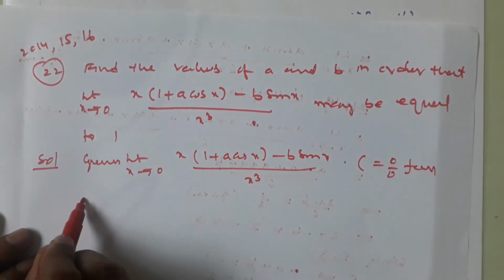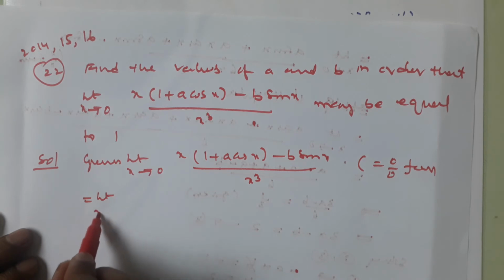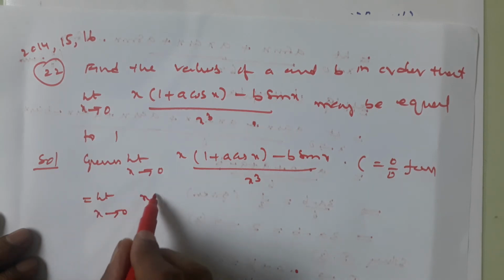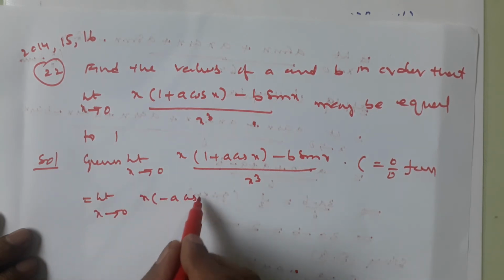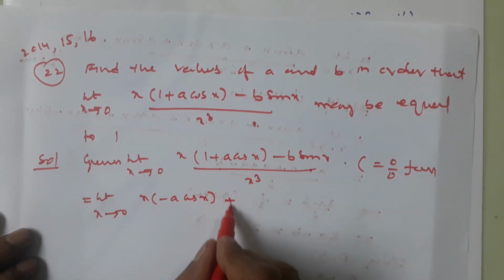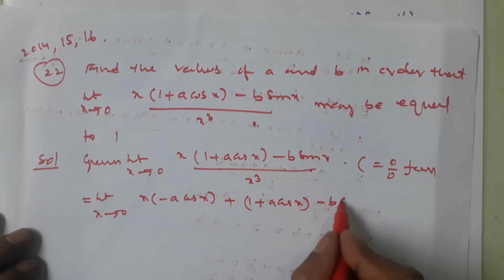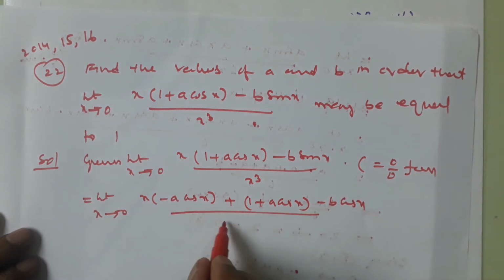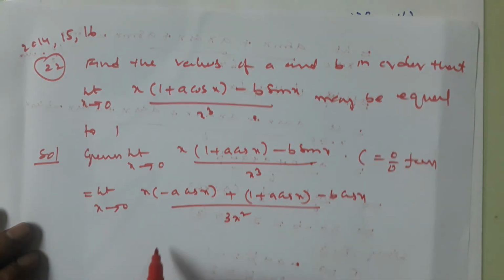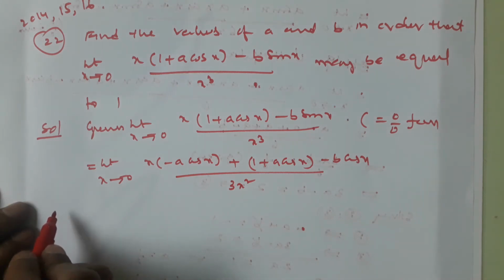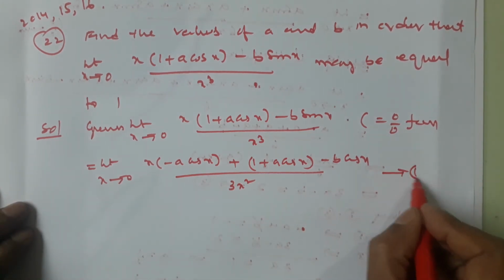So applying L'Hospital, limit x tends to 0, x into minus a sin x plus (1 plus a cos x) minus b cos x, whole divided by 3x square. Take this as equation 1.